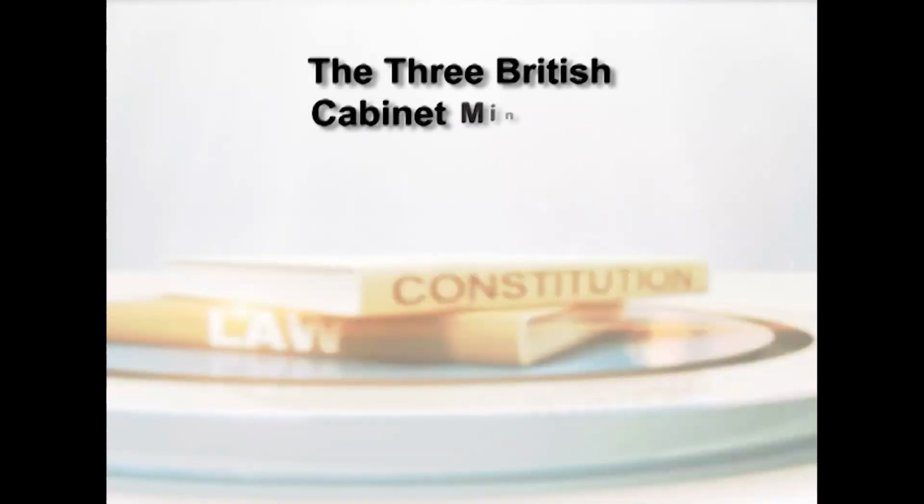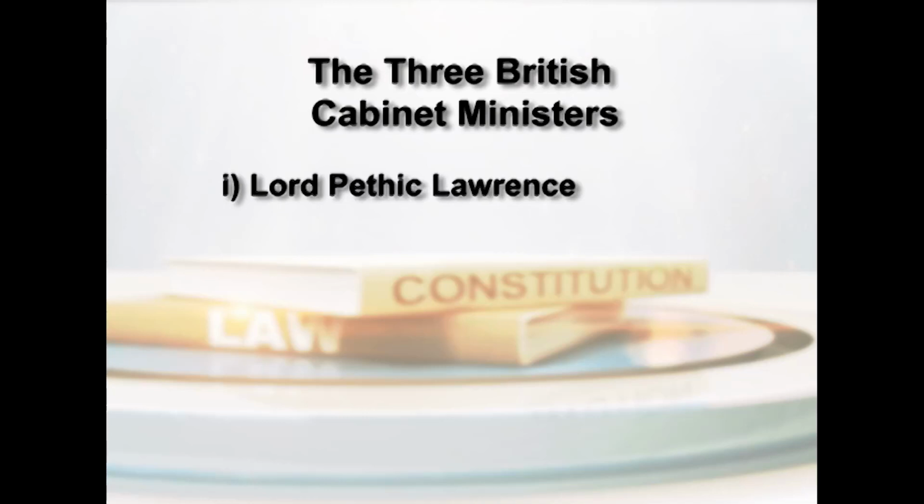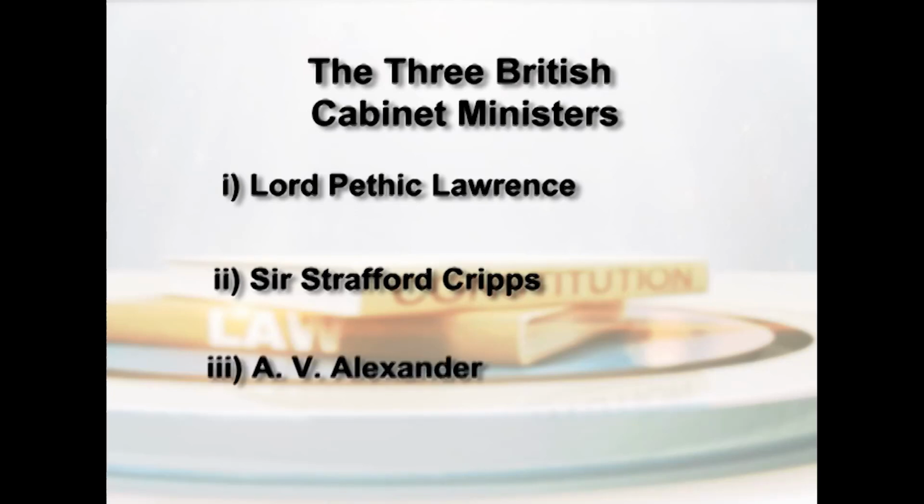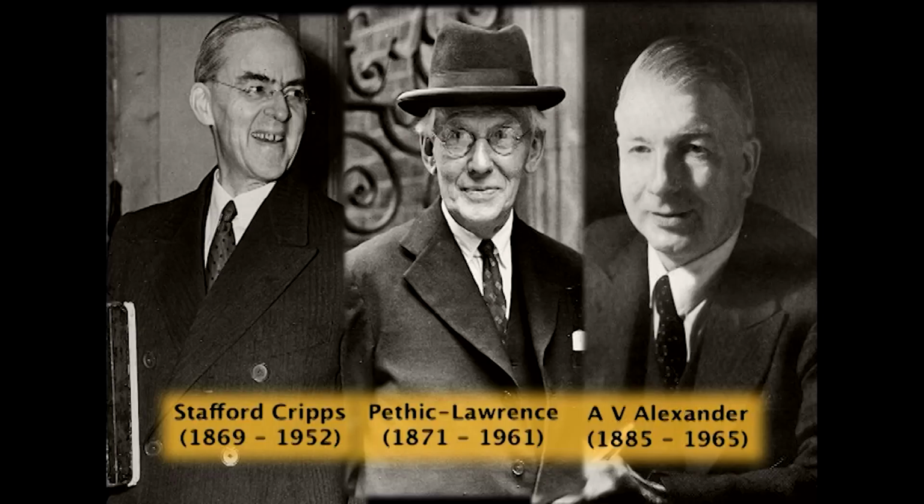Three British cabinet ministers were thus sent: first, Lord Patrick Lawrence; second, Sir Stafford Cripps; and third, A.V. Alexander. They were all cabinet ministers sent to India to take the initiative for the formation of the Constituent Assembly as well as to put down the guidelines for framing the Constitution of India.